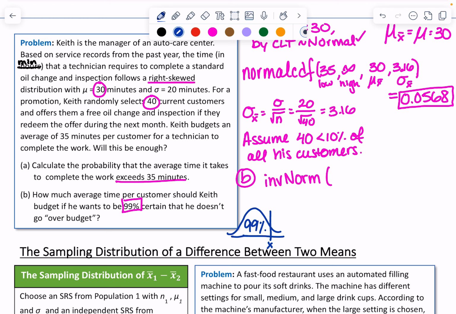If we want to be 99% certain we don't go over budget, so 99% certain that we're going to be under a certain time, yes, this scenario makes sense. 99% of our times should be under this mystery time. So we are shading to the left, so we are good to go. We put 0.99 for our area. Our mean is 30, and our standard deviation is still 3.16 from the sampling distribution.